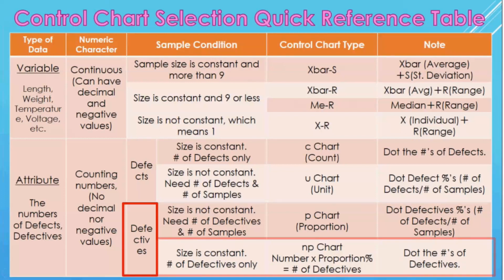Lastly, when you want to manage the number of defectives and can make the sample size consistent, record only the numbers of defectives and use an NP chart. NP stands for number and P stands for proportion. The total number times proportion percentage equal number of defectives, and you dot the numbers of defectives.